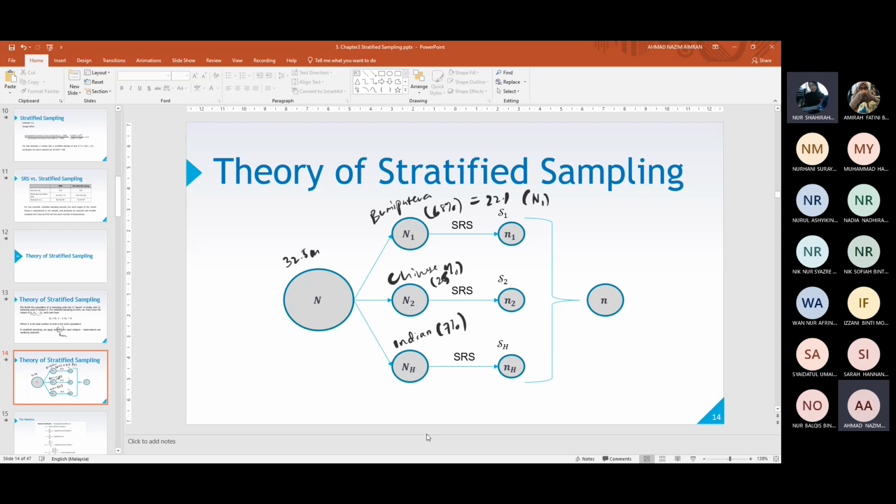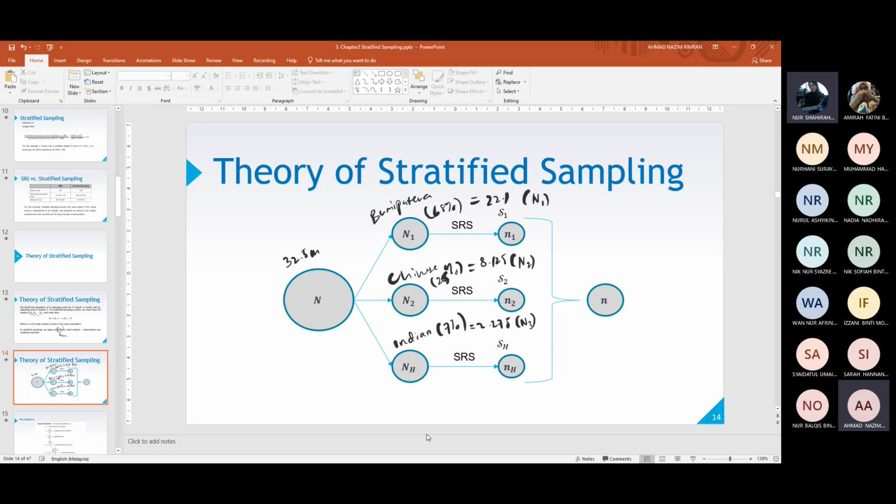And our N2, 25% out of 32.5 million, is equal to 8.125 million. This is our N2. And 7% out of 32.5 million is 2.275 million. This is our N3.